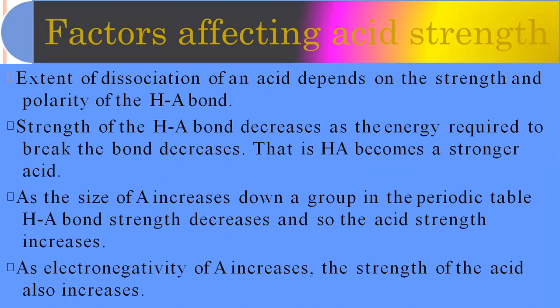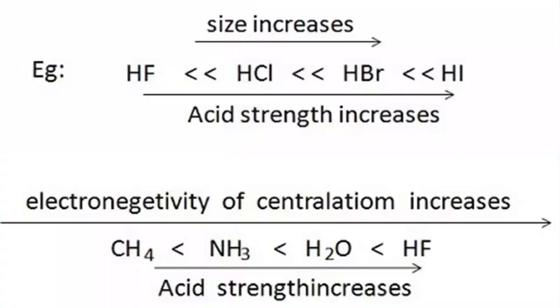We can tell the strength of the acid on the basis of electronegativity. Whenever A is more electronegative, the acid will be stronger. For example, HF, HCl, HBr, and HI: when we go down the group, fluorine, chlorine, bromine, iodine, the size increases and acid strength increases.